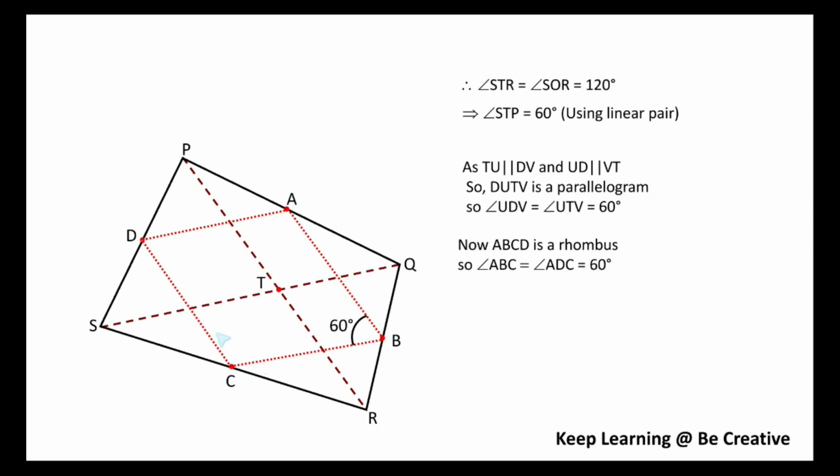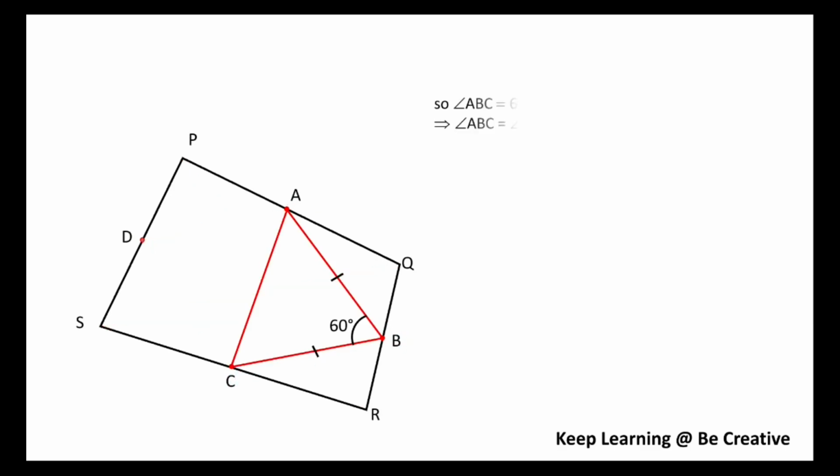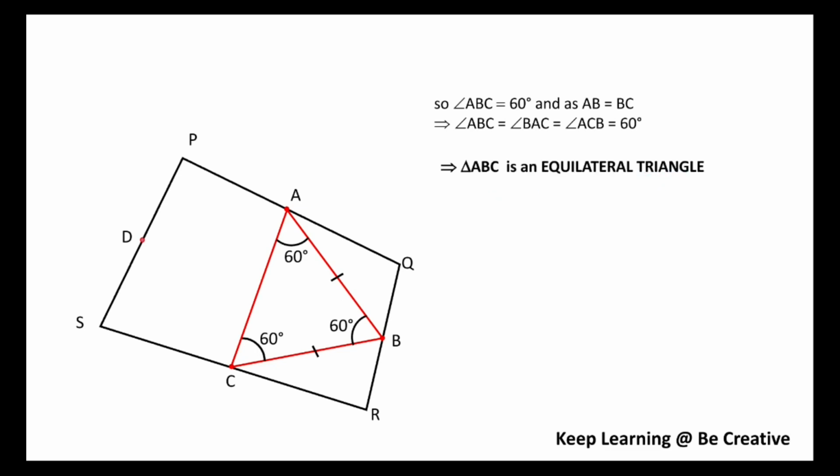Since ABCD is a rhombus, AB equals BC. This is going to help us in proving this triangle equilateral. We have just proved that angle B is 60 degrees and AB equals CB. So angle BAC equals angle ACB, as these are angles opposite to equal sides, and since angle B is 60 degrees, the only option left is that angles A and C are 60 degrees as well. So triangle ABC is equilateral.